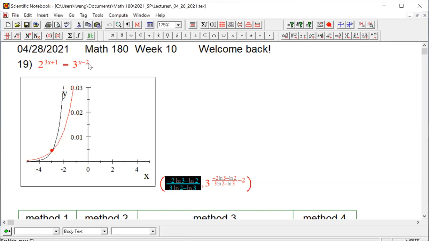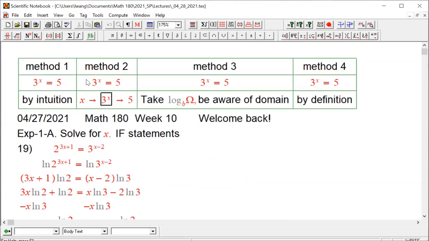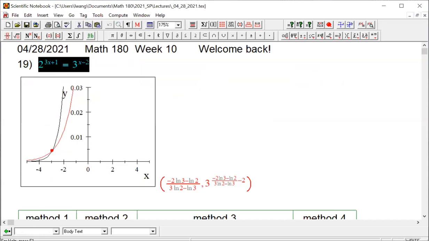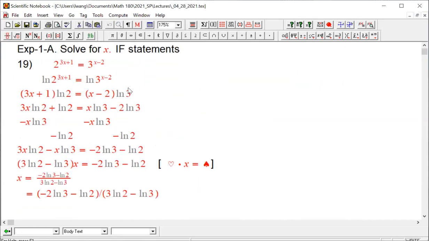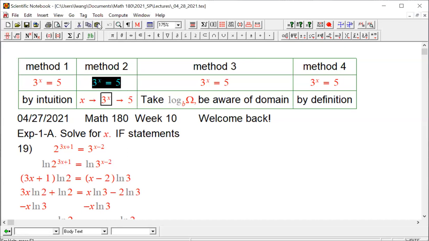So number 19, if you look at it from the functions perspective, right? For this example we did, it is a horizontal line and 3 to the power x. In our case here, if you put it over here, it's the crossing between the two curves.